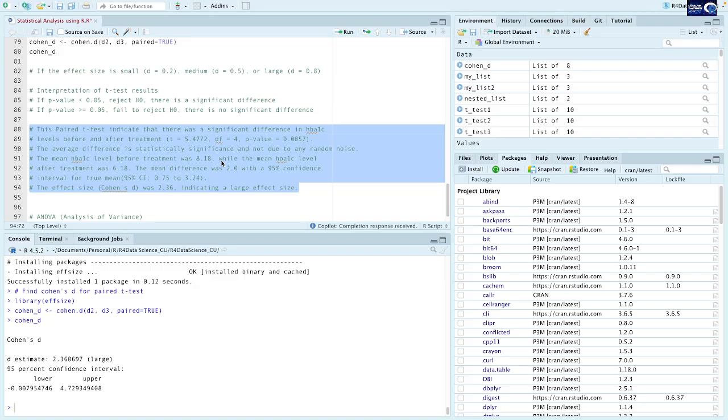So in that one sentence you can conclude the t-test. But if someone wants you to interpret, you need to mention these things. Okay, this is the interpretation. This is very important when you come to the practical scenario. So that is about the t-test.